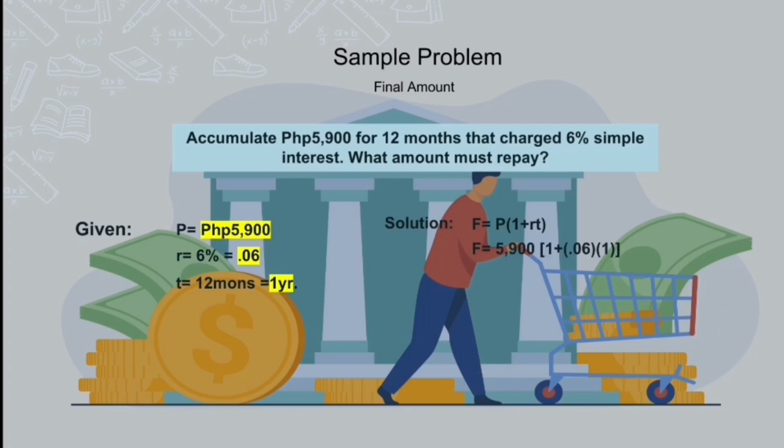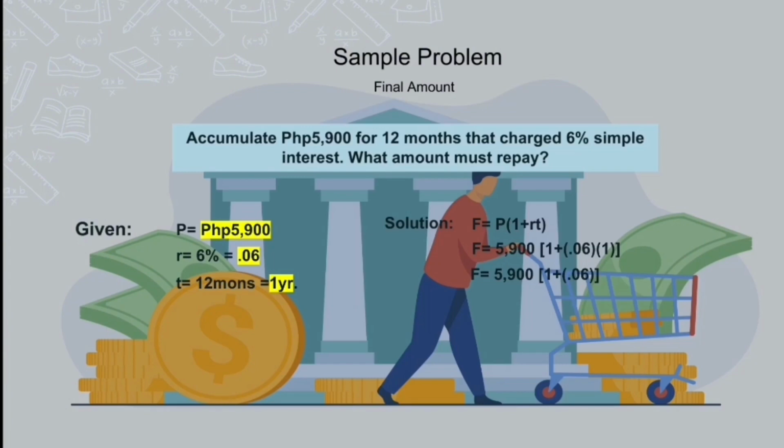In the fourth step, we will substitute the given into the formula. So we have F equals 5,900 multiplied by 1 plus 0.06 multiplied by 1. And our final step is to solve and perform the operations. So we need to compute first inside the parentheses.